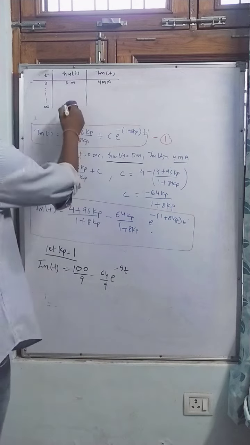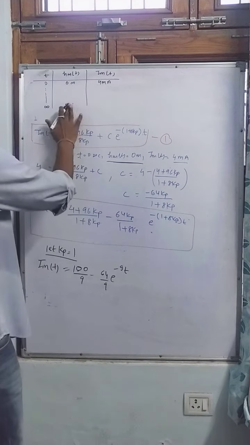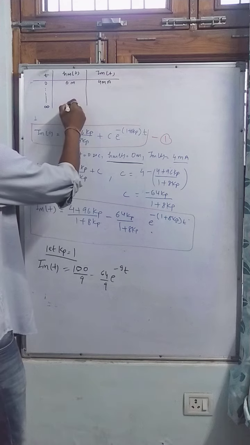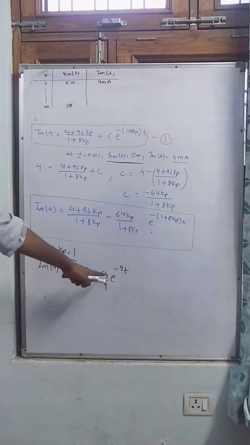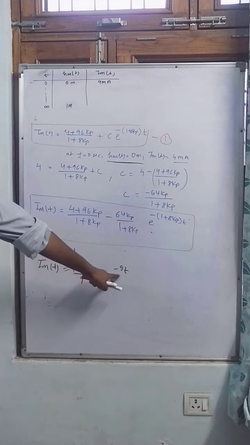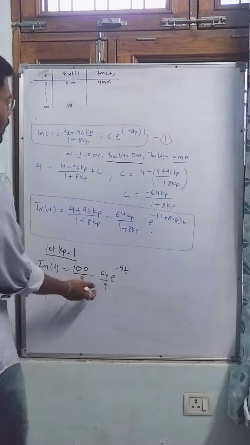That means HMT is equal to 1 meter. Okay, now put t equal to infinity here. What will you get? 100 by 9.